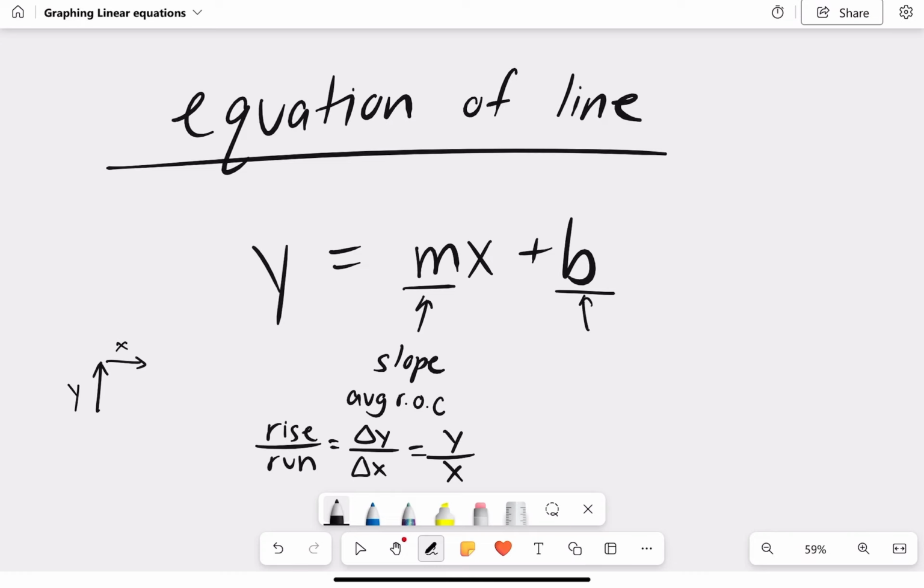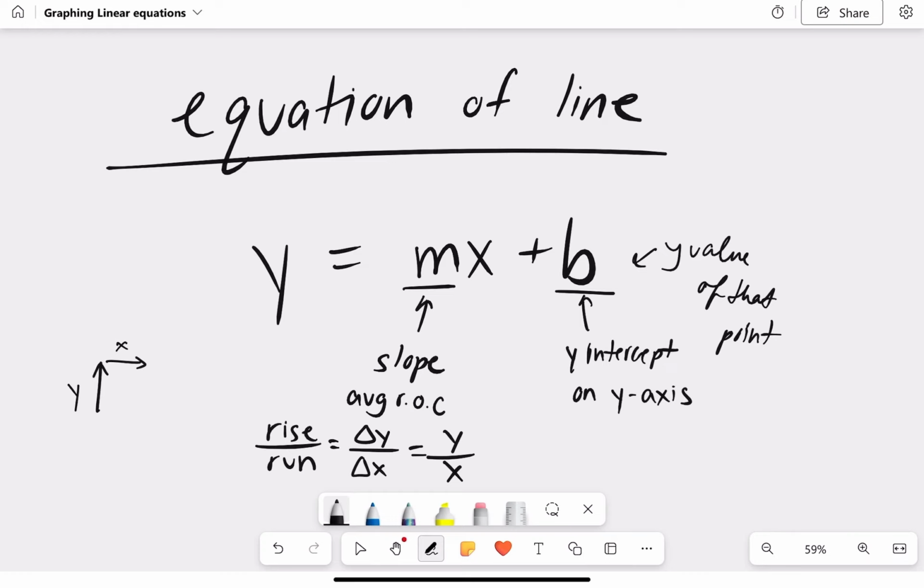Now, b. B is our y-intercept. The y-intercept is the point that is on the y-axis. So b is the y value of that point. So it only gives us the y value.